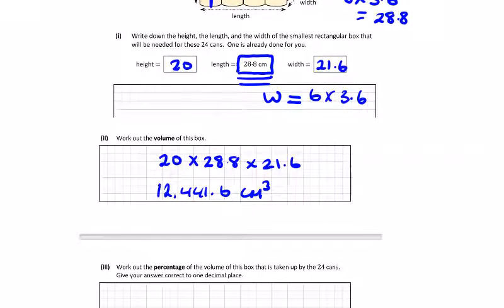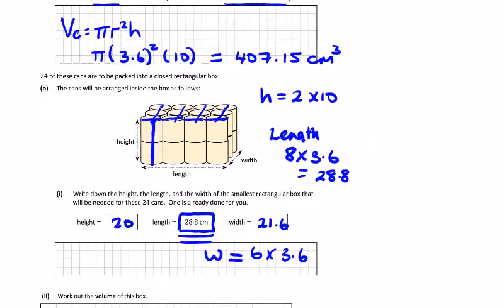And the percentage of the volume of the box that's taken up by the 24 cans. Okay, so we got the volume of 1 can. We got 407.15. We're told that there are 24 cans. So 407.15 by 24 is what the cans take up.